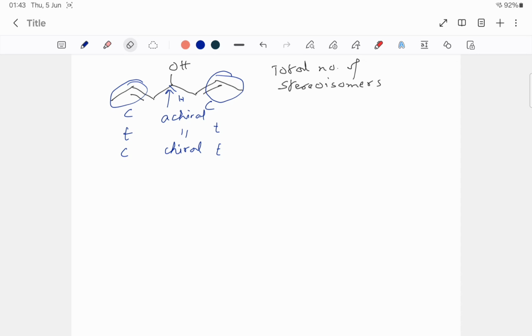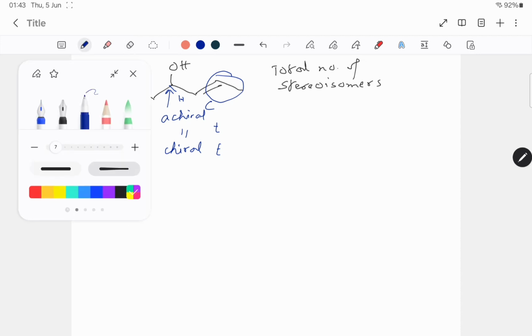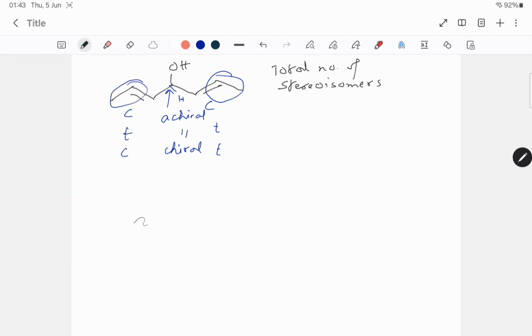So if we first consider the chiral one, when this center carbon becomes chiral, that means let's say the trans and cis one. Now this portion is trans and this portion is cis.